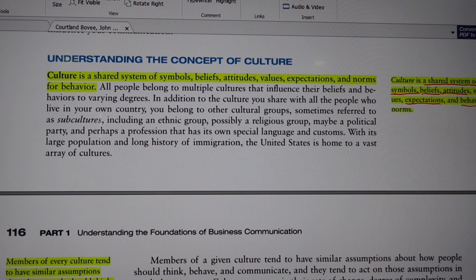Yes sir. In a public place, you should not kiss a friend, yes sir. Nepali culture, right? For example, if you are in America, you will kiss a person in public, no problem, right? That's culture. So, what is culture? You share your beliefs and attitude and values. That's part of culture. Okay?